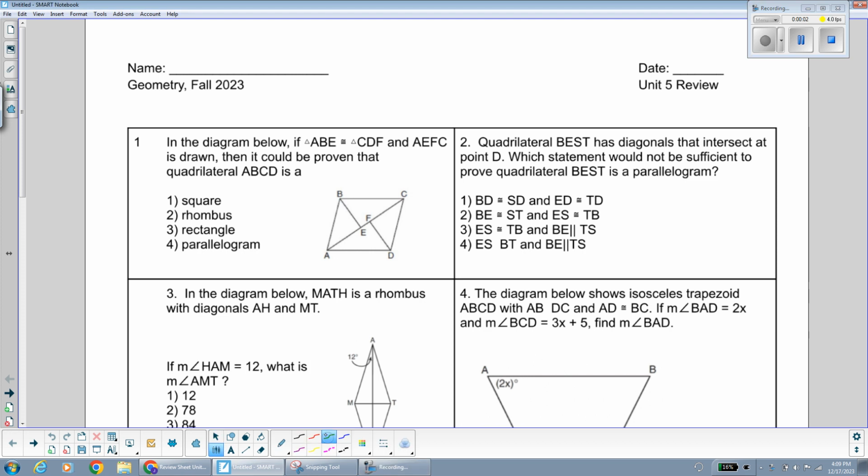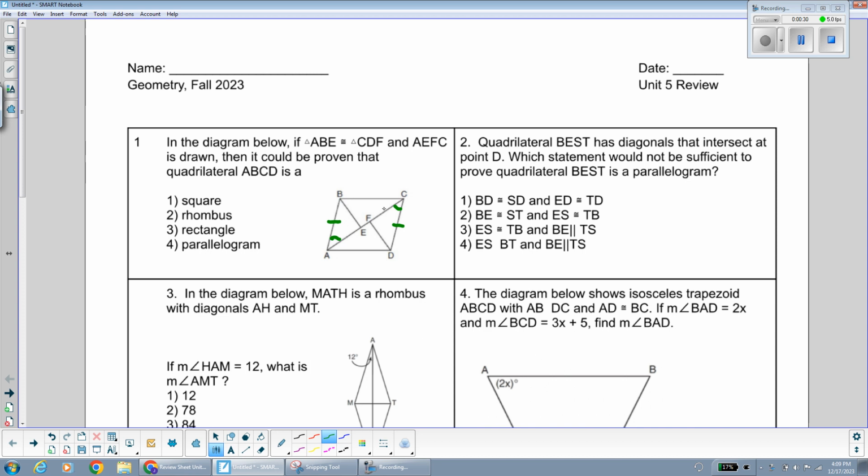Question number one, we already know that triangle ABE and triangle CDF are congruent to each other. If we know that the triangles are congruent, then we can CPCTC some information like AB congruent to CD. We can also CPCTC angles BAE and CDE being congruent to each other because those are corresponding angles in the two congruent triangles.